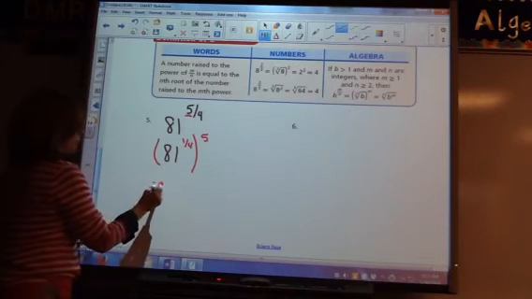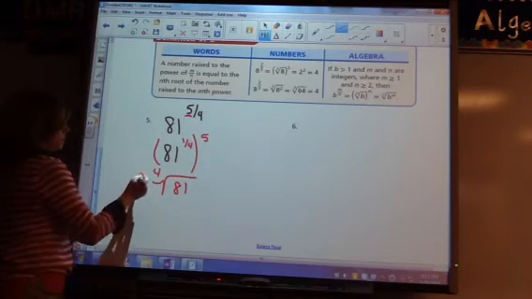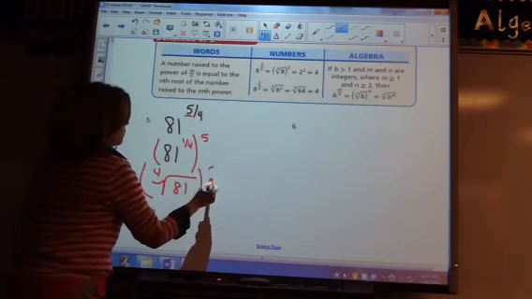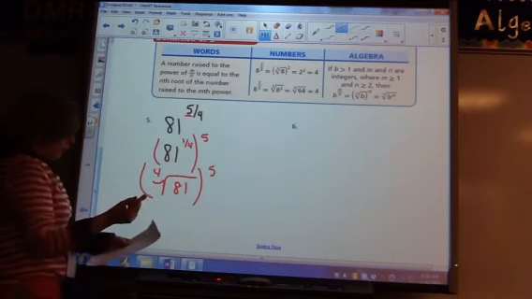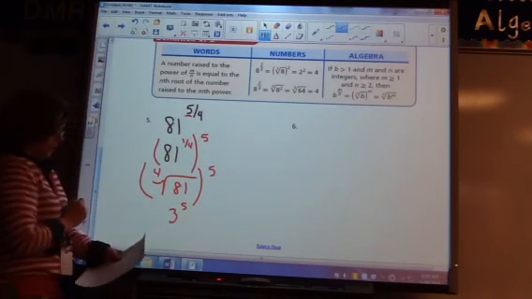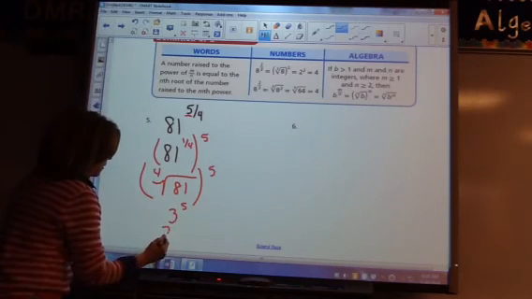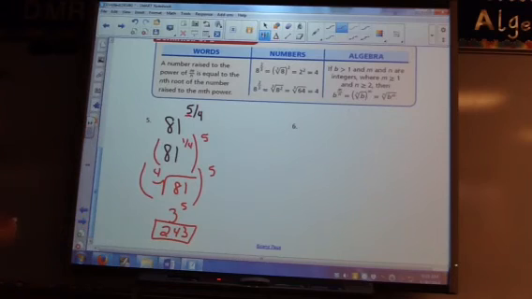Okay? So what I have here is the 4th root of 81 raised to the 5th power. Well, the 4th root of 81 is 3, and then I raise that to the 5th power. 3 to the 5th power is 243.